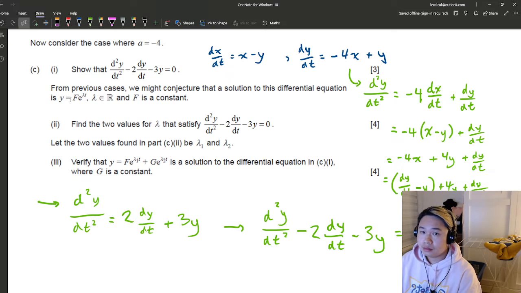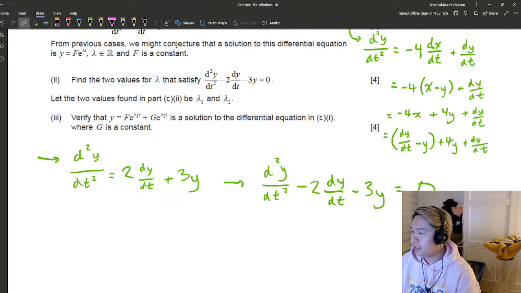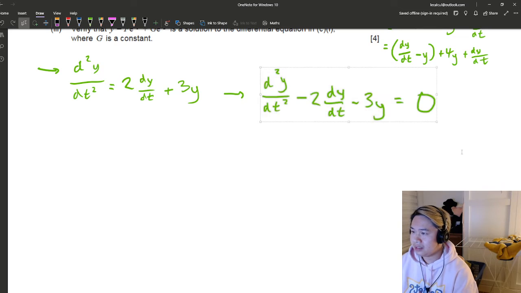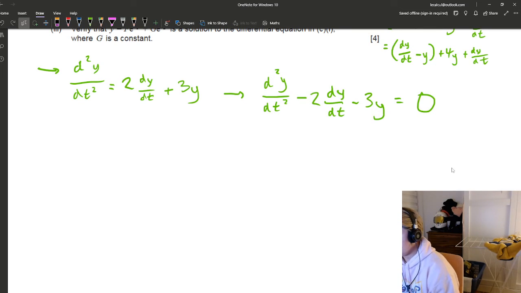So y is going to be some constant f times e to some other constant lambda times t, and then find the two values of lambda that will satisfy this. Okay, so we want to satisfy this equation, and then we are conjecturing that our solution will be in this form.